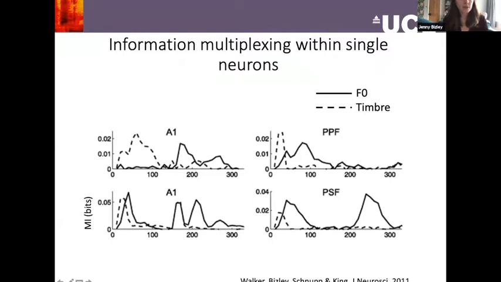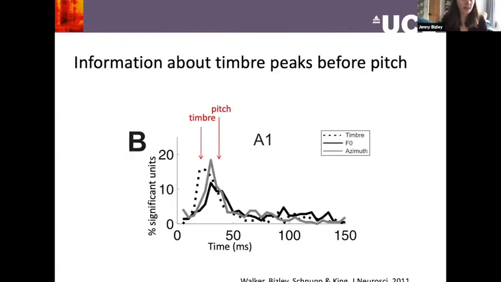And if you know when to read out activity in each of these neurons, you can have a pretty unambiguous idea of whether the change in spike rate you're observing is due to a change in the pitch of the sound or a change in its timbre. And this shows you an average response for primary cortical neurons, again emphasizing that timbral information occurs earlier.